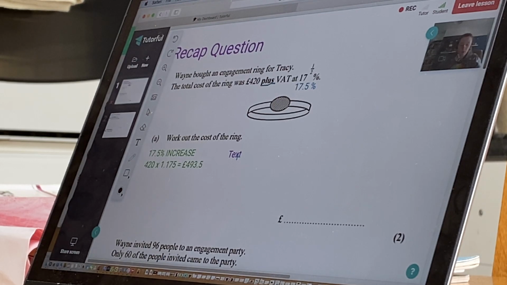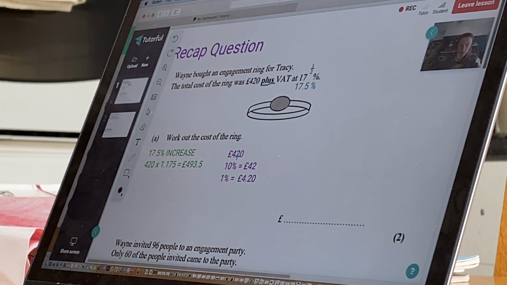So the other way you could do this is with ratios. You could say 10% is equal to £42. 1% is equal to £4.20. 0.5% will be equal to half of that, so £2.10. I'll do it up here because I need more space.